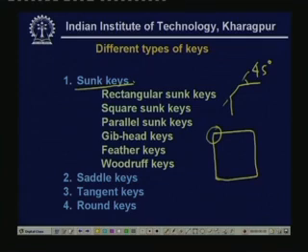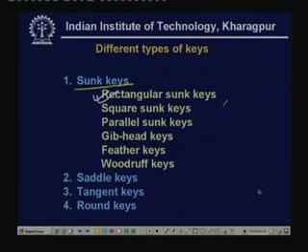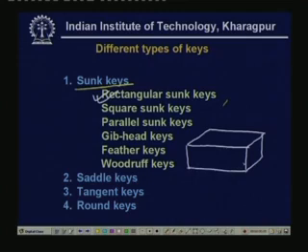One is the rectangular sunk key. If it is drawn, it will look like the following. This is rectangular in cross section, and this is the key, but normally there is a taper here.